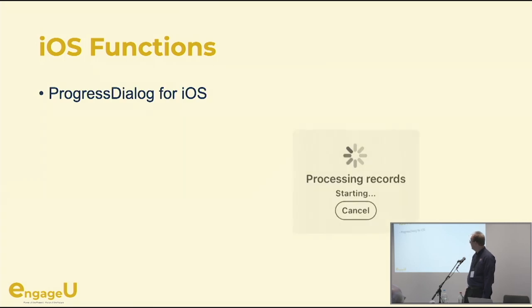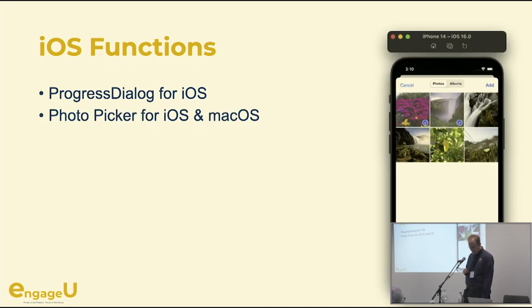Then we have functions for iOS. So if you have the iOS SDK and you run a script, you may want to show a progress bar. We got this nice progress bar in the round version and also in the rectangle version, which then can show the progress of your script. Then we got a photo picker for Mac and iOS, which allows you to pick a picture from the user's photo library without a lot of permission dialogs.